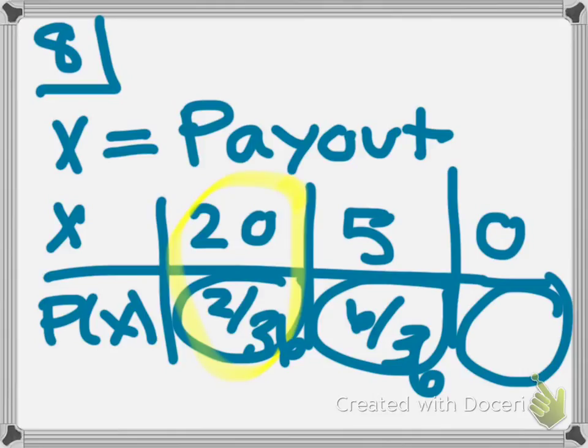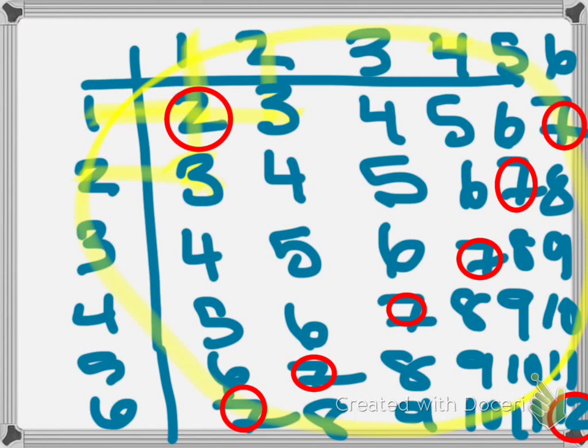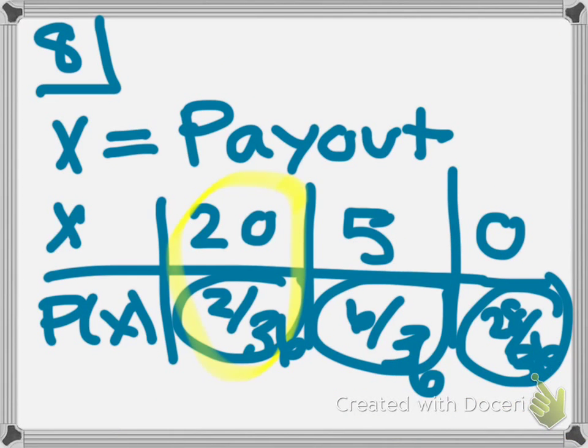And then finally to win $0, that would not be a 20 or a 5. So I'm going to take 36 minus 8, and I get 28. So the chances there are 28 out of 36. Now I could have counted them all up here, but it just makes sense to do the complement. Now I have my probability distribution.